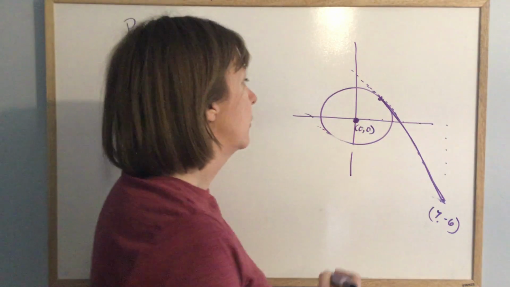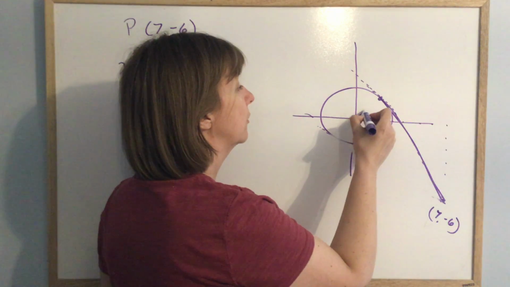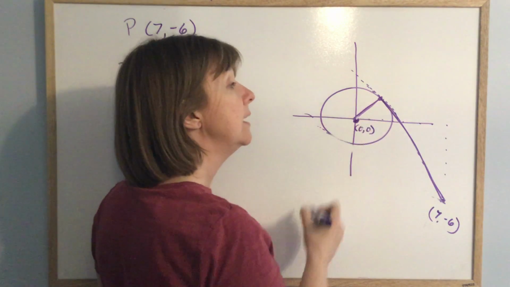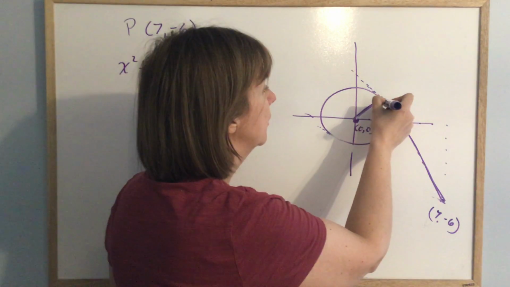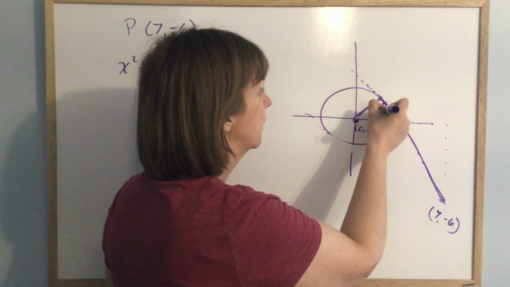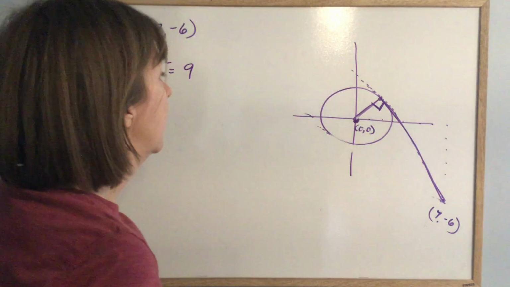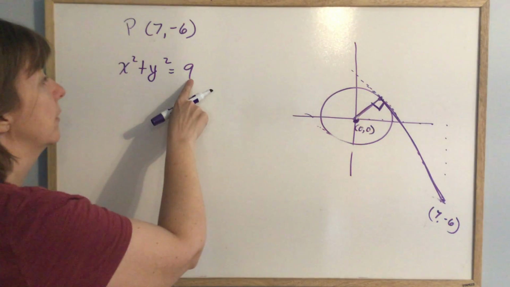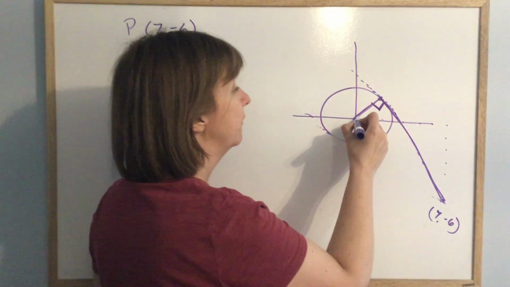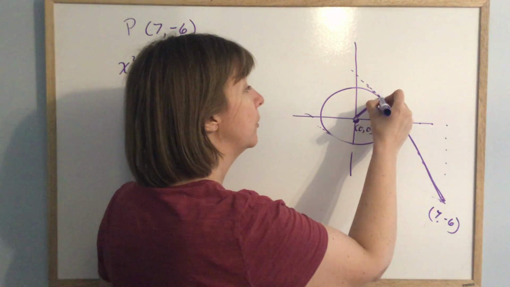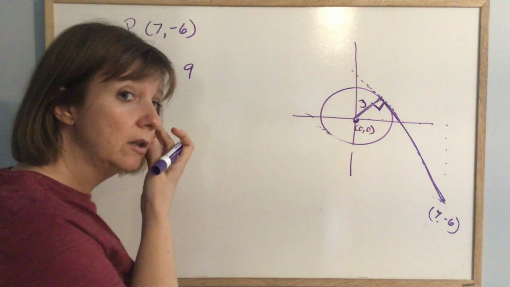I also know that a line from the center of the circle to the tangent point is a radius, and I know that it's perpendicular. I know that r squared is 9, so the radius is 3. And if this line from the center to the point of tangency is a radius, that means the length of that line is actually 3.